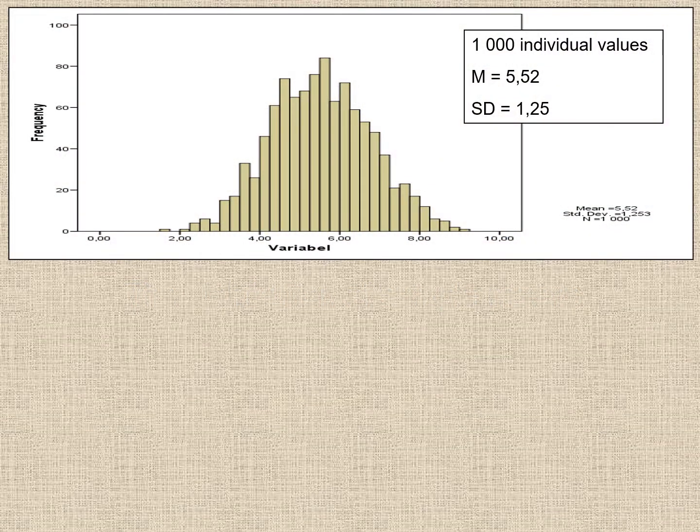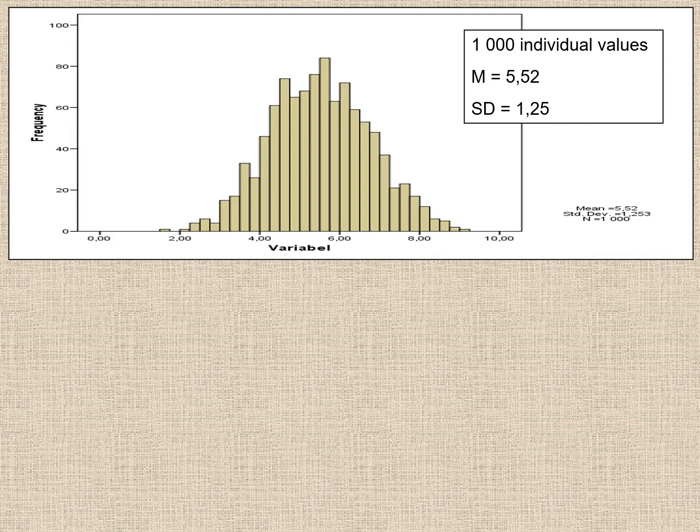So imagine we have a population of 1,000 individuals on a variable, let's say it's depression. We have a range here from slightly less than 2 up to 9 something. These 1,000 individuals have a mean of 5.52 and a standard deviation of 1.25.